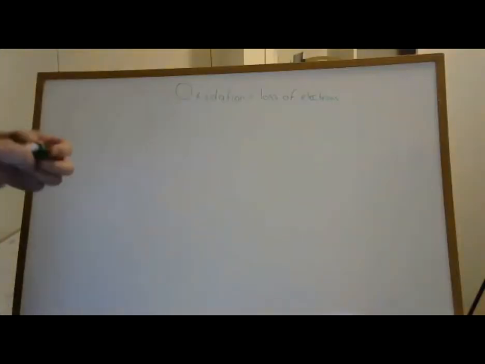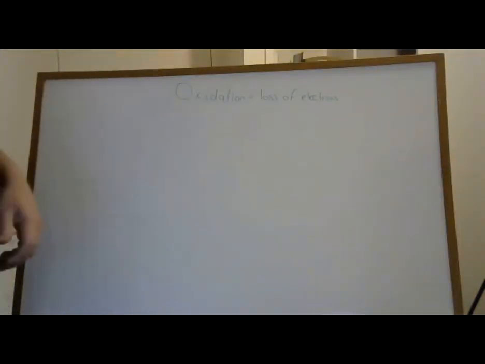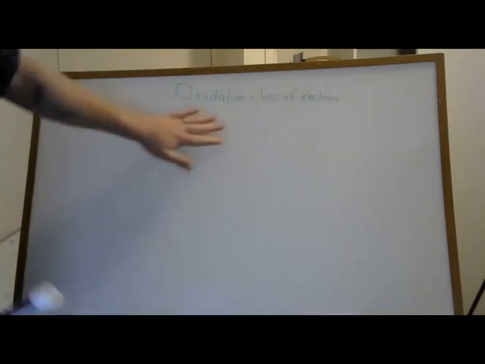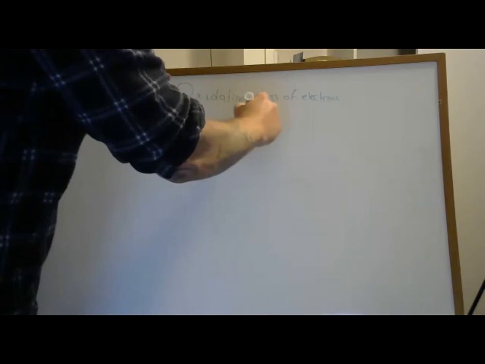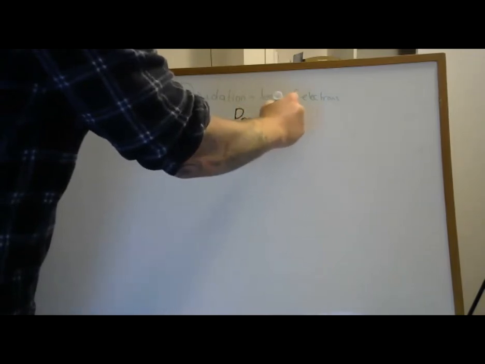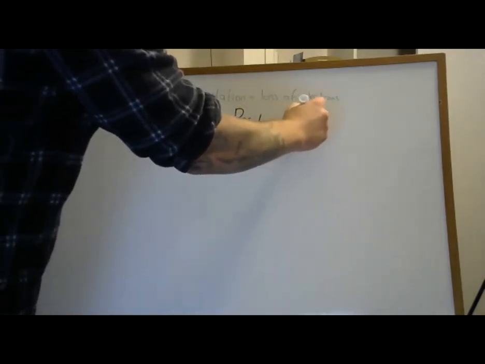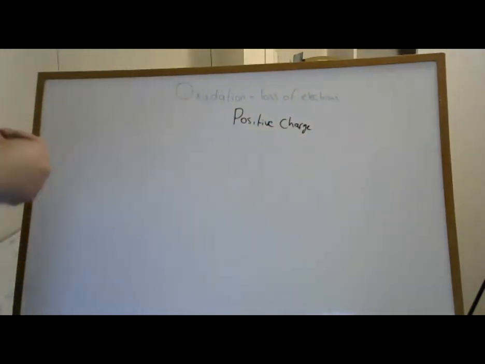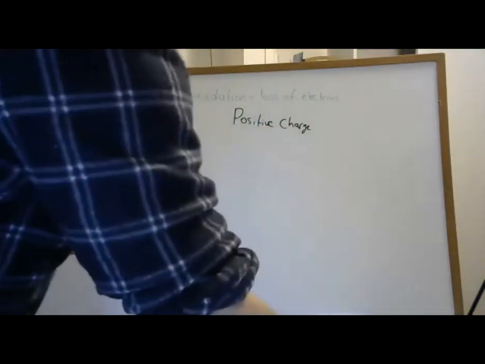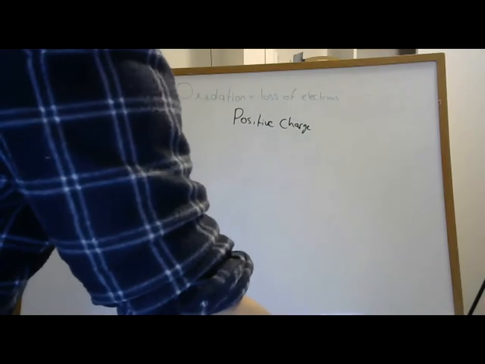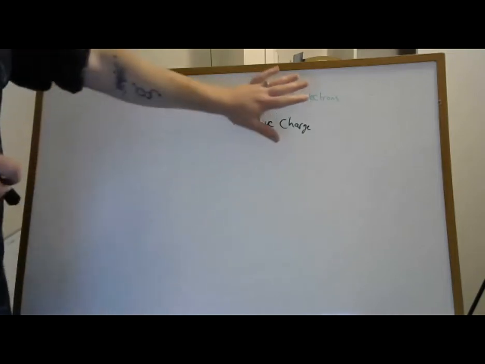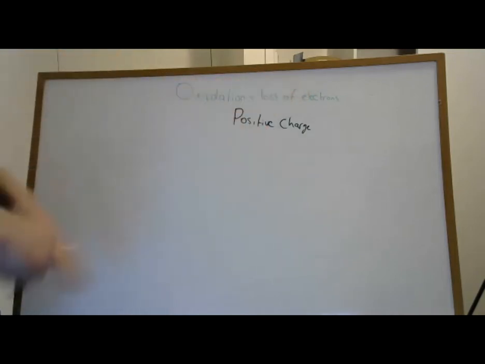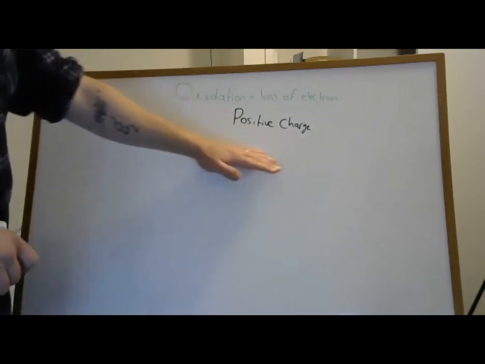What happens is this creates a positive charge on the atom. So we know electrons are negatively charged. So we take those away, we end up with a positively charged atom.